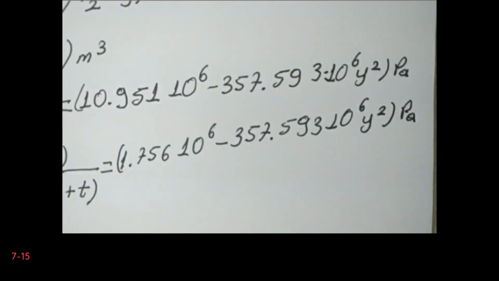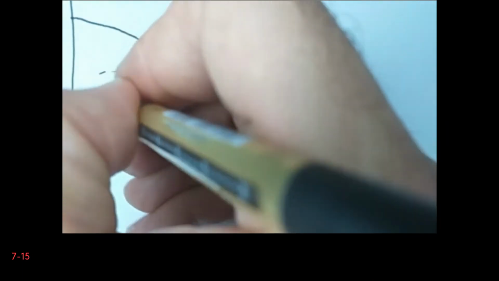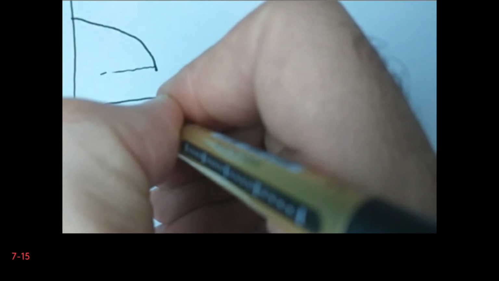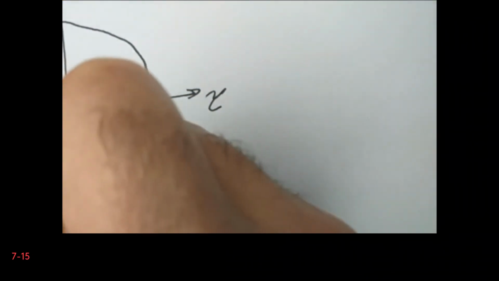Now we are asked for the distribution. Let's say that this is tau. Stress goes like this and then suddenly decreases. In fact, the cross section is symmetric, so it is something like this.